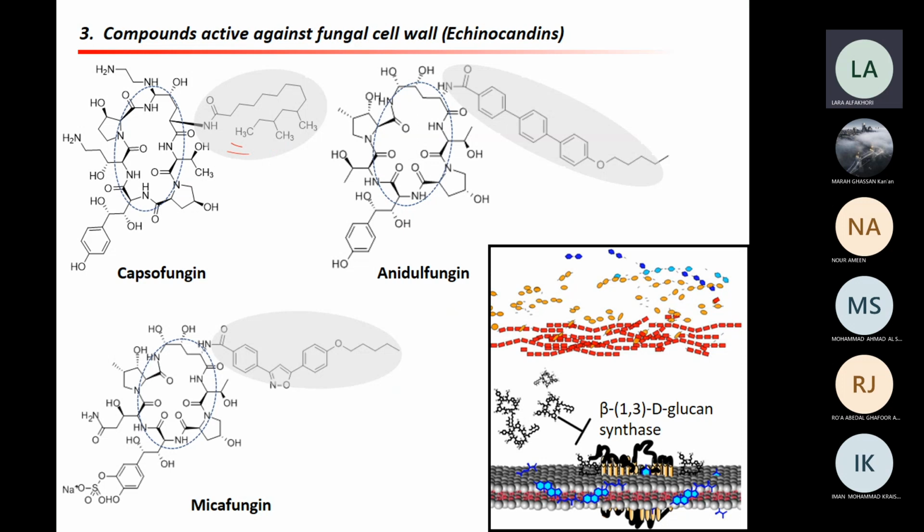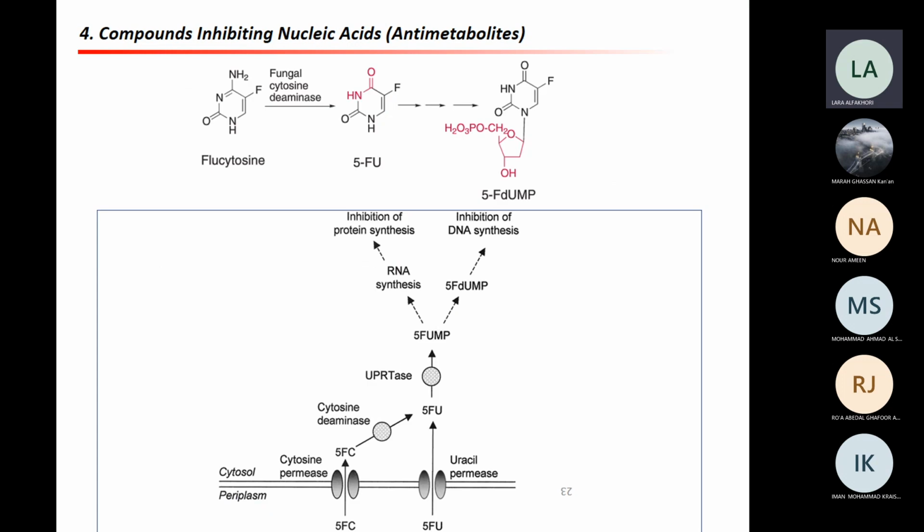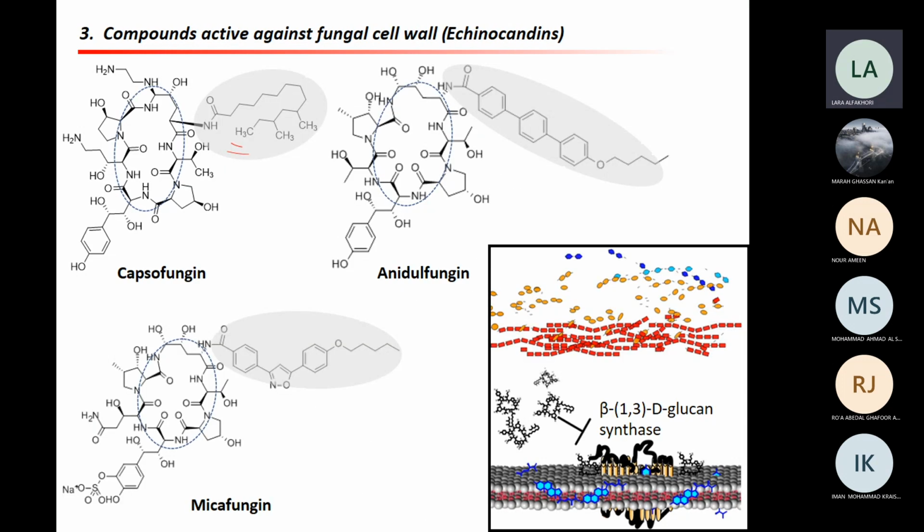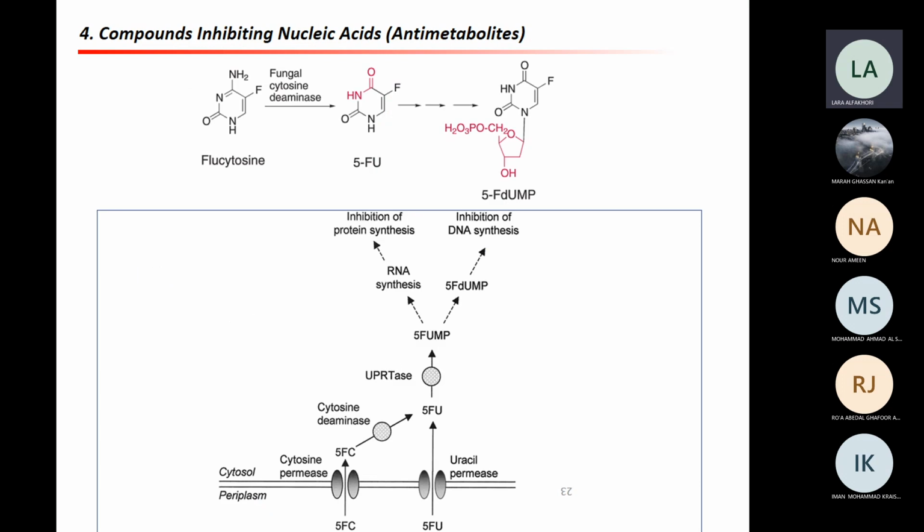Very complicated structures. They are actually cyclic peptides, because if you look at these parts, these are amide bonds that conjoin amino acids together. So it's a cyclic peptide. Okay, they bind to the glucan synthase and they inhibit this glucan biosynthesis.